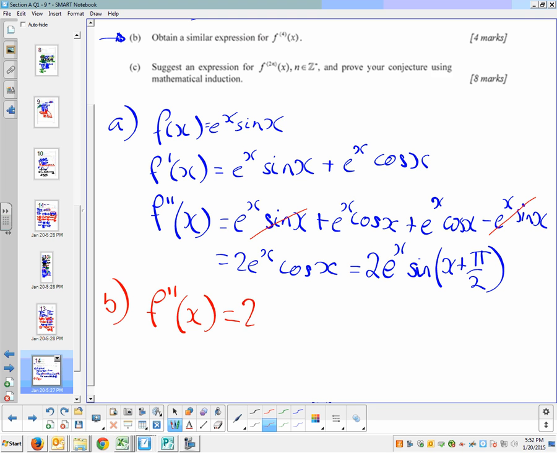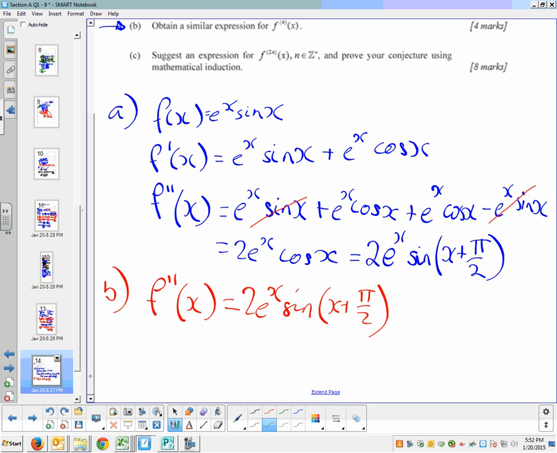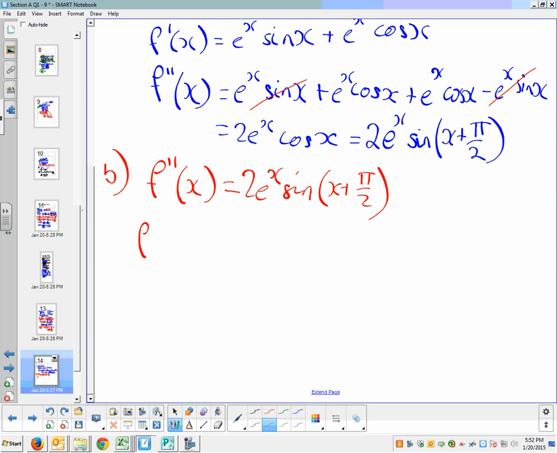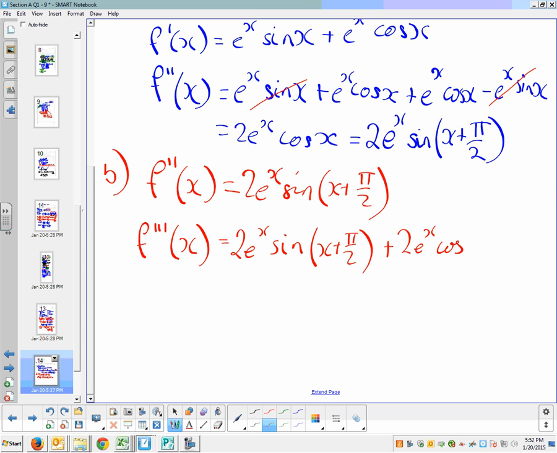So start with this expression and differentiate that twice to get my f4. So f3 dash of x is 2 e to the x sine of x plus pi by 2 plus 2 e to the x cos of x plus pi by 2, just following the same pattern as before.